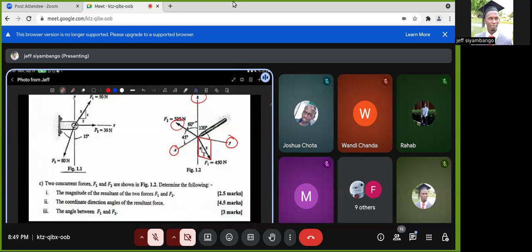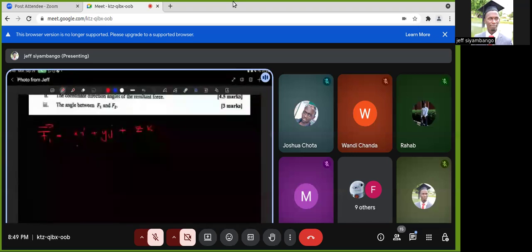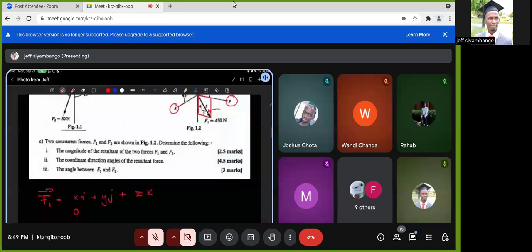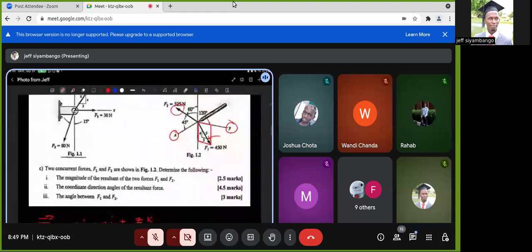They're trying to spell out to us that the force F1 lies on the YZ plane. So it lies strictly in the YZ plane, and if that is the case, then it doesn't have an X component. So it only has a Z component, a downward component, and a Y component. So already X is 0. All I need is to find Y.